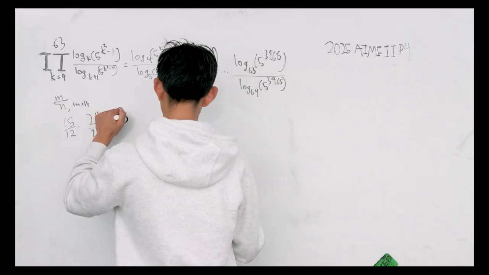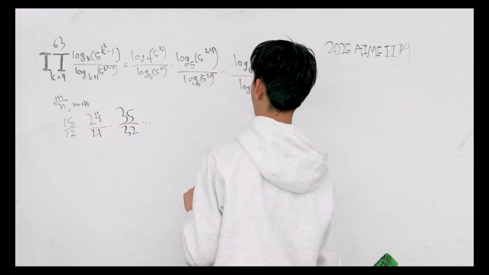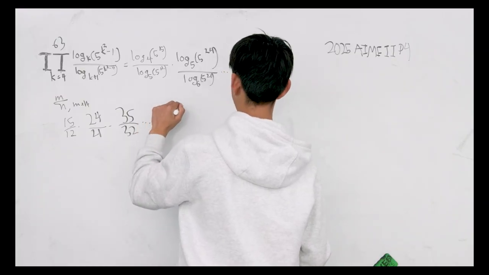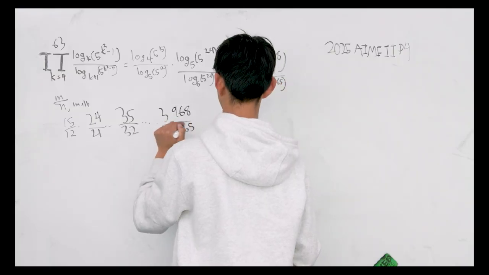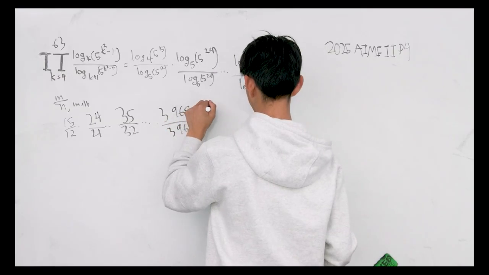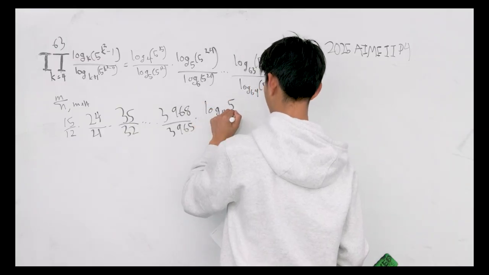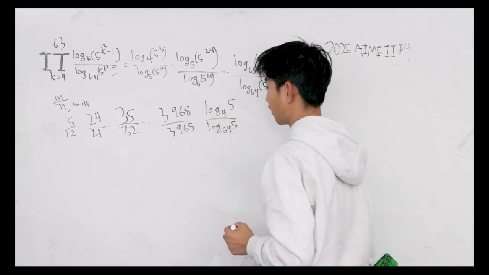So it's 35 over 32, and we have 3968 over 3965 as our second to last product. Our last being log base 4 of 5 over log base 64 of 5.